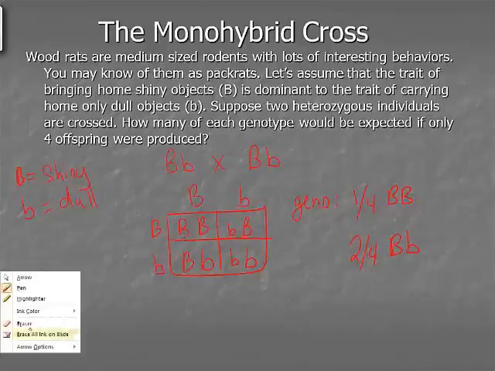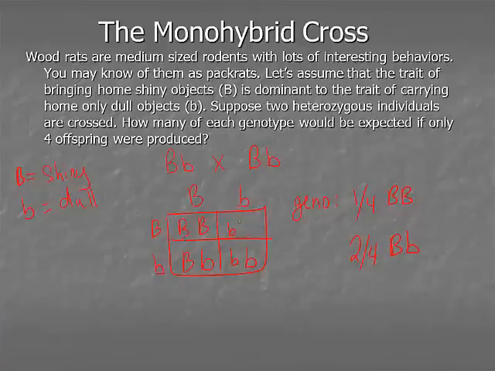And again, keep in mind, we want to write our capital letters first. And 1 out of 4 little b, little b. Circle your final answer.